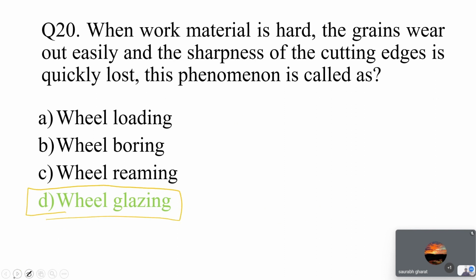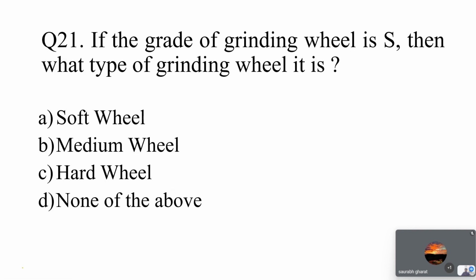If the grade of the grinding wheel is S, then what type of grinding wheel is it? You must know that soft is different, medium is different, and hard is different.